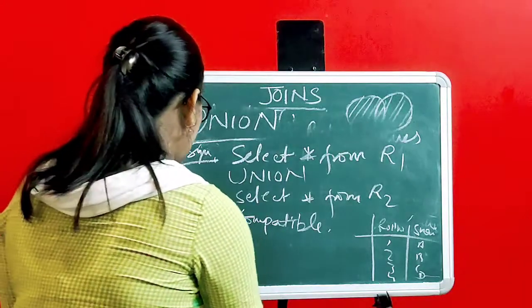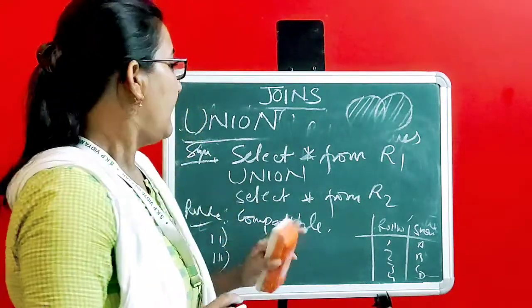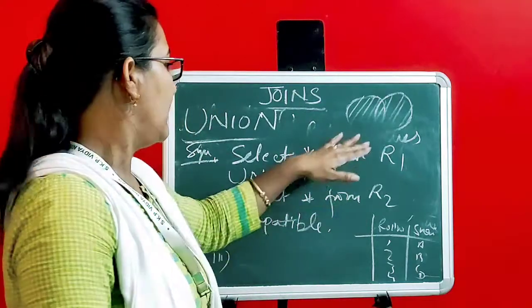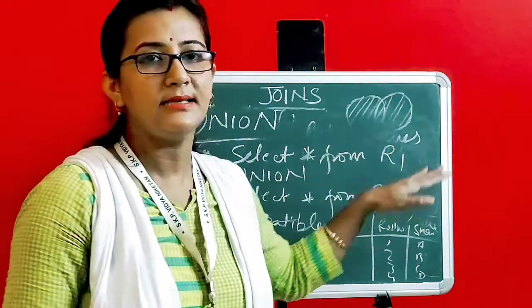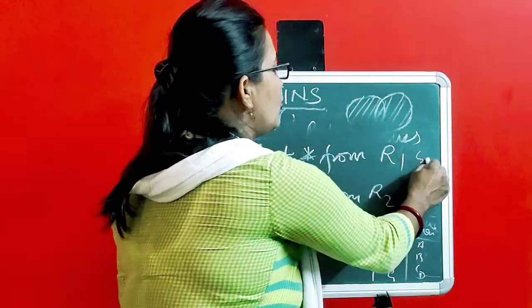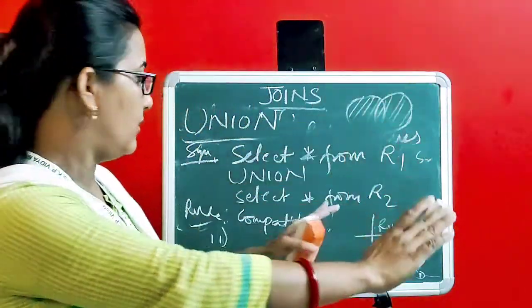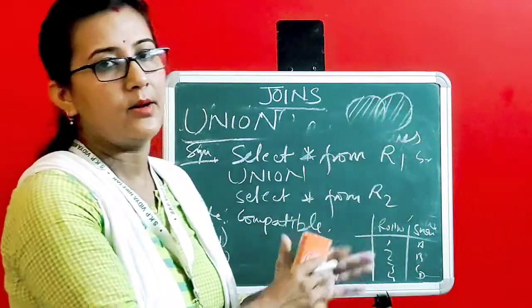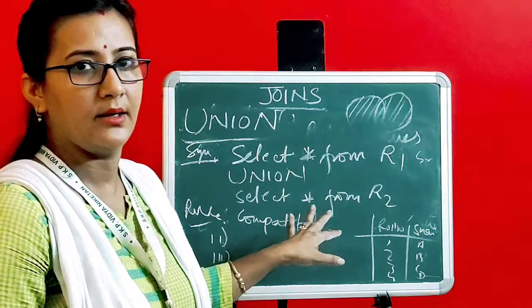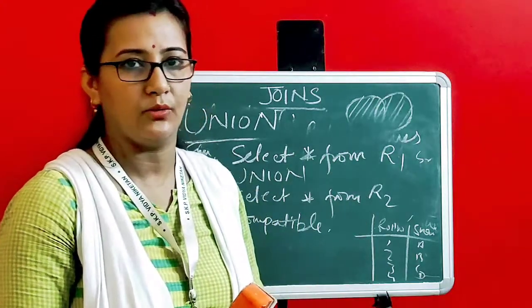The third one is that group by or having clause can be used with any single select query, like select star from R1 group by roll number, or a having clause in a single select statement, but order by cannot be used.